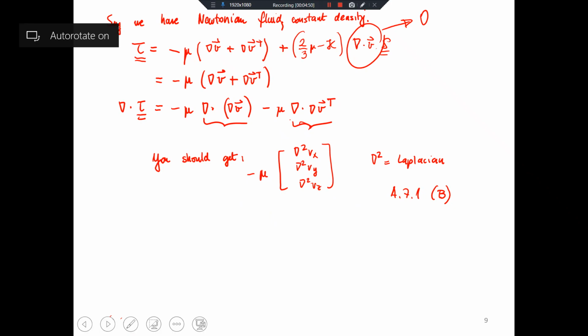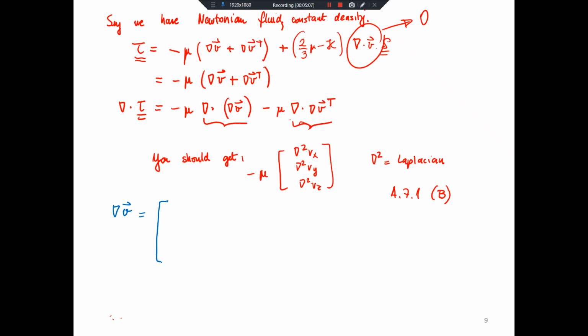Okay. So first things first, I will basically define what is my gradient of V. This is the gradient of a vector. So by definition, it's a full matrix that we also refer to as the Jacobian. So it's dvx/dx, dvx/dy, and dvx/dz.